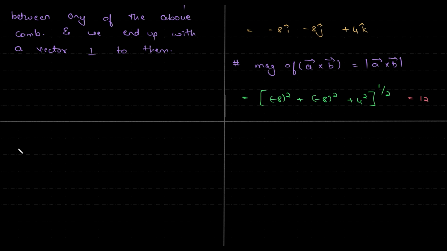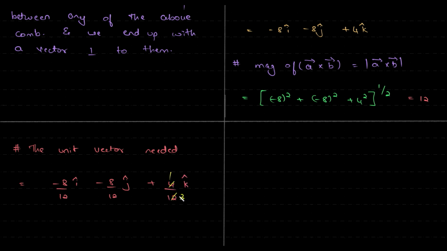So finally, the unit vector needed is equal to minus 8 divided by 12 i cap minus 8 divided by 12 j cap and plus 4 divided by 12 k cap.